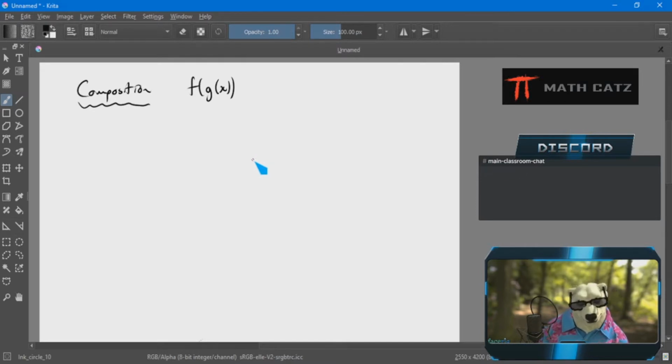Now remember, our goal is the same here. We want to come up with ways that work to find the derivative of a function without using the limit definition.